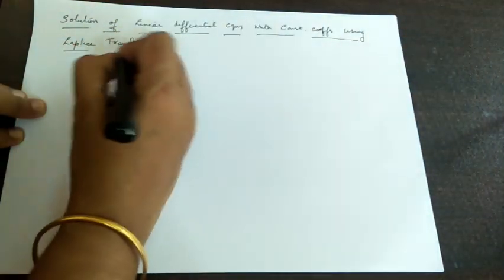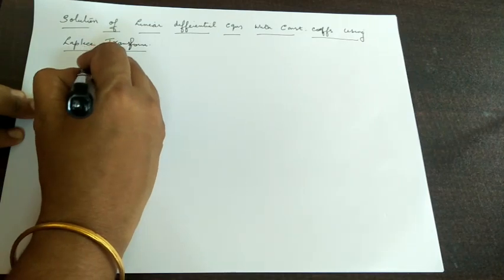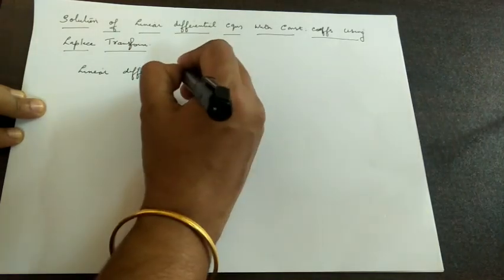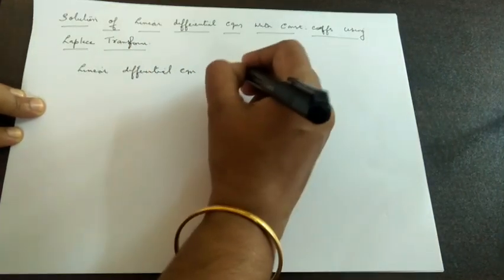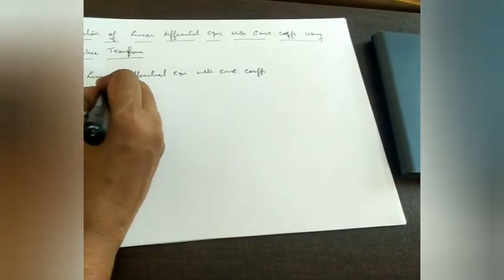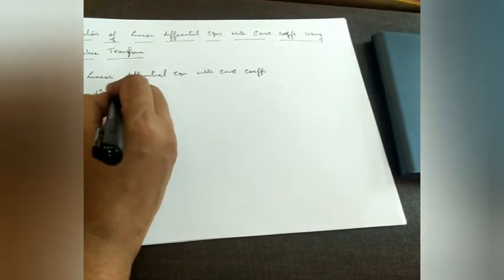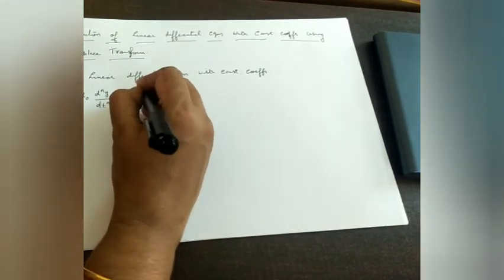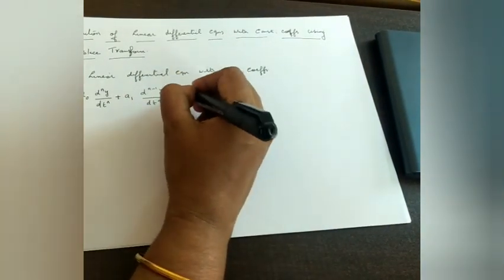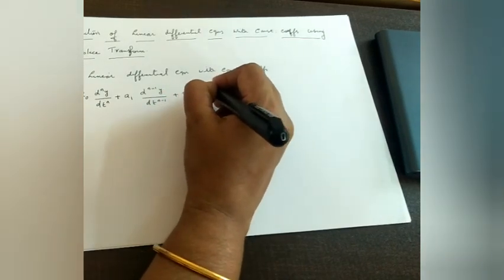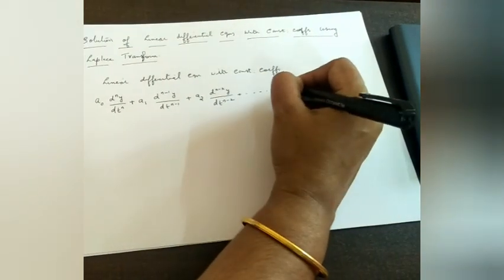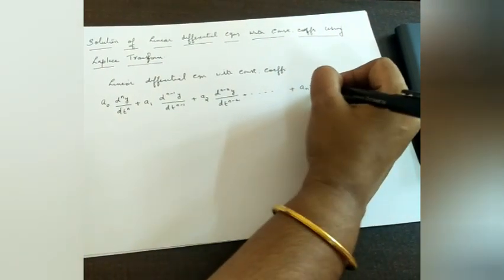This is today's topic. First of all, what do you mean by linear differential equation with the constant coefficients? An equation of the form a naught d raised to n y by dt raised to n plus a1 d raised to n minus 1 y by dt raised to n minus 1 plus a2 d raised to n minus 2 y by dt raised to n minus 2 plus etc. plus an into y is equal to a function of t.